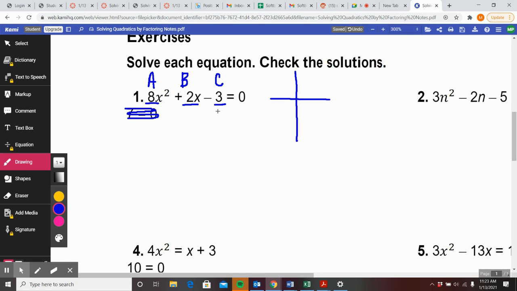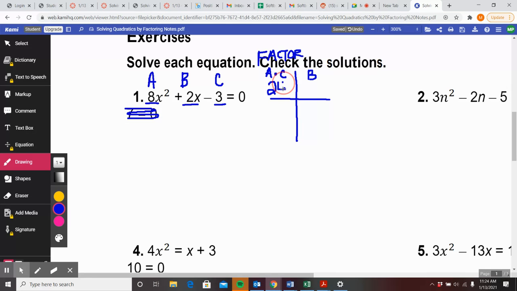A times C. What's A times C? That goes on the left side. And this is B. So remember, when we find A times C, you factor it, which means you find the multiples of that number. So what is A? It is 8, right? C is 3. So what's 8 times 3?